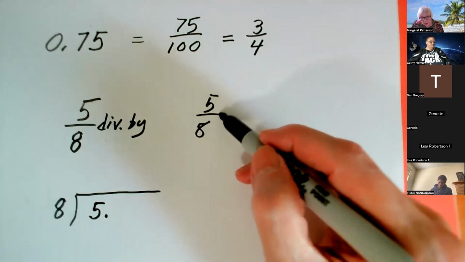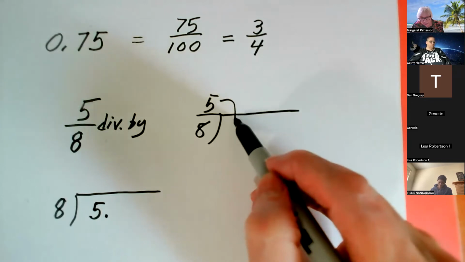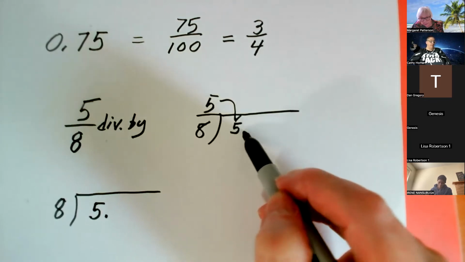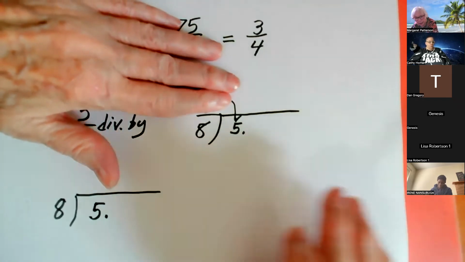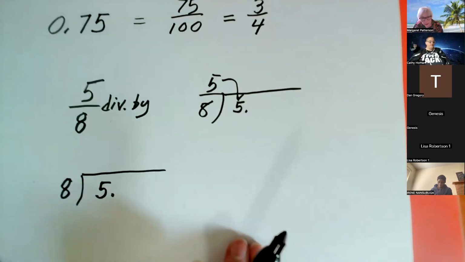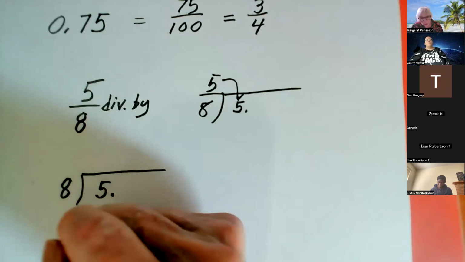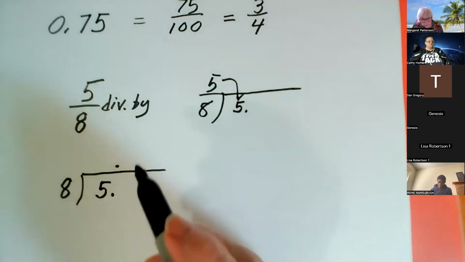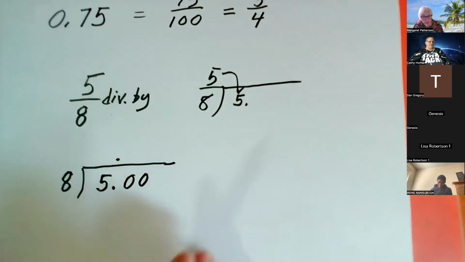You take your fraction, and the top number comes down. The 8's on the outside and the 5's on the inside. This is a whole number, so this comes up. Let's add a couple zeros. Maybe we need 3, I'm not sure.